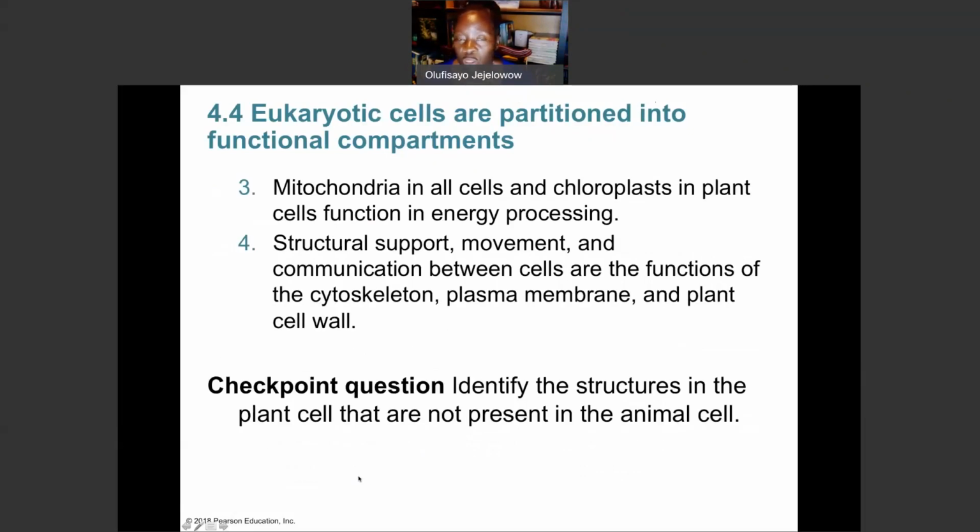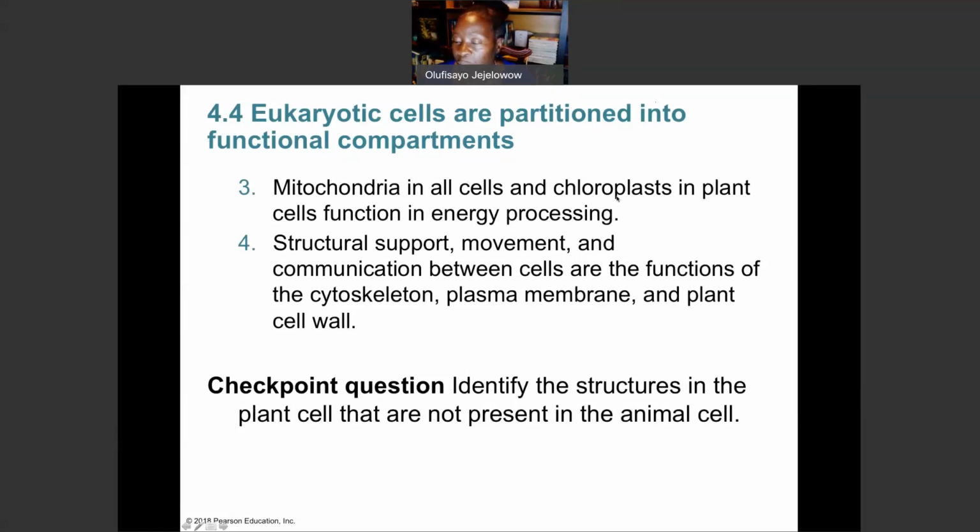Then the third group, mitochondria and chloroplasts. These are the organelles in cells that function in energy processing. Mitochondria convert food products into the type of energy that cells use called ATP, adenosine triphosphate.